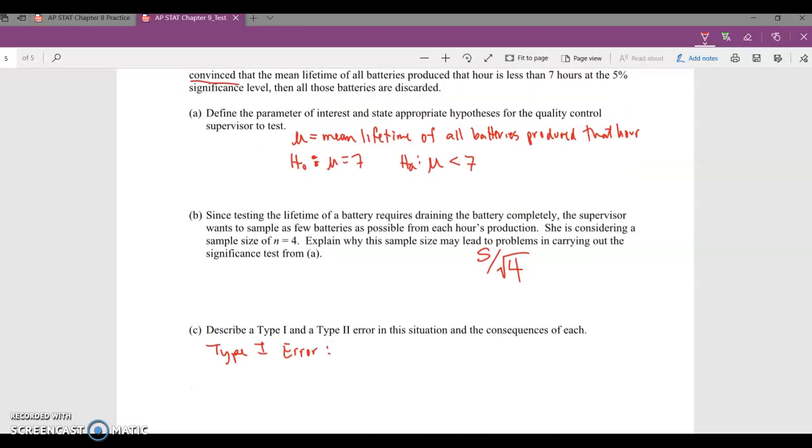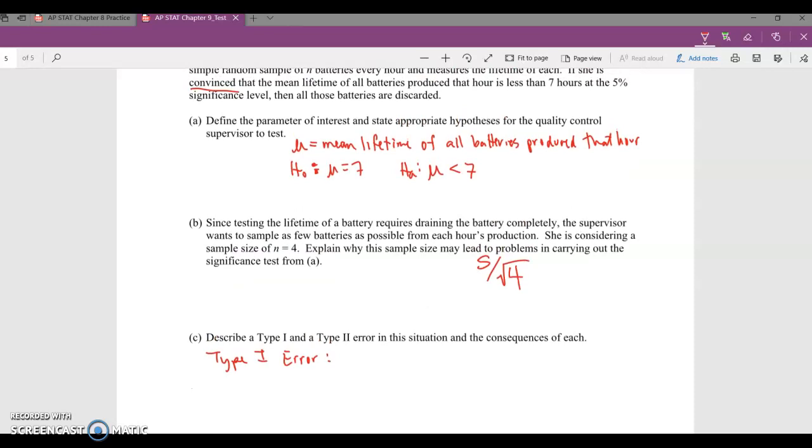So that would be concluding that the mean, remember we're making a decision here, conclude that the mean lifetime of batteries is less than 7, when in fact it is 7.